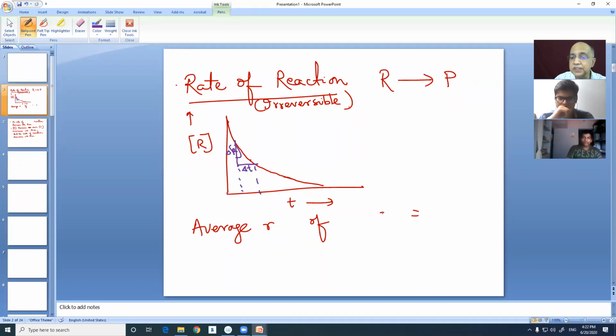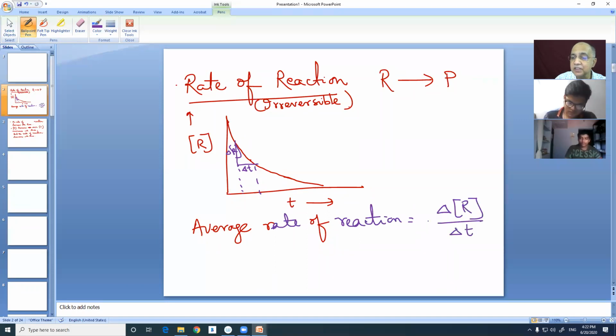So this is the average rate of reaction, which will be equal to delta R by delta T. And just put a minus sign because the rate cannot be negative.